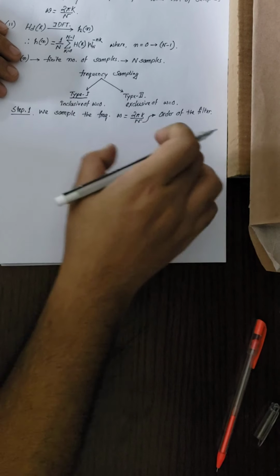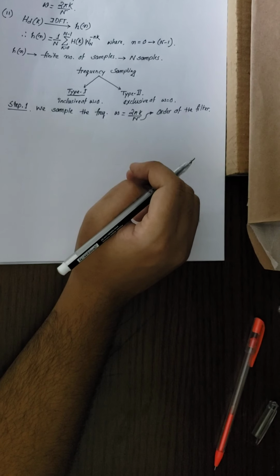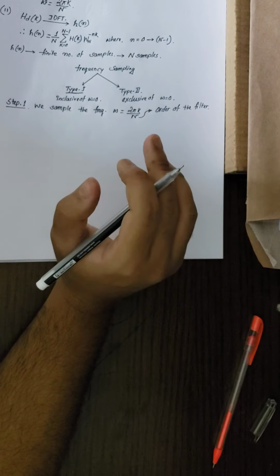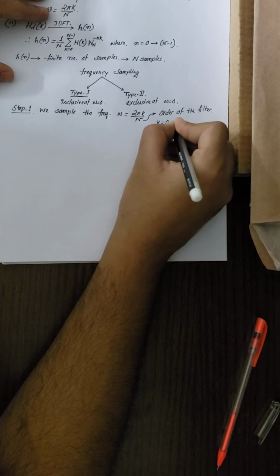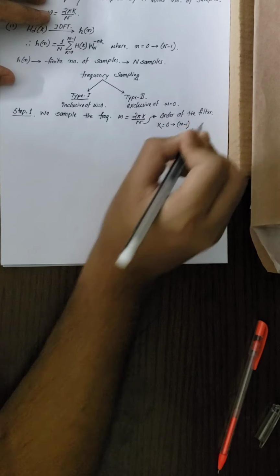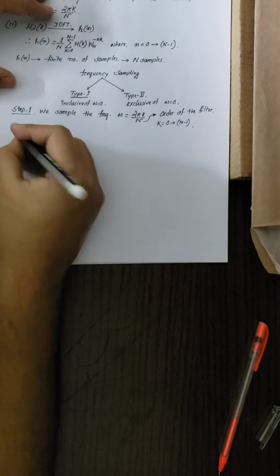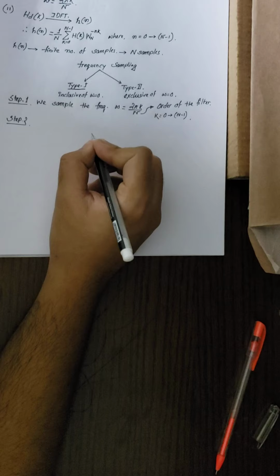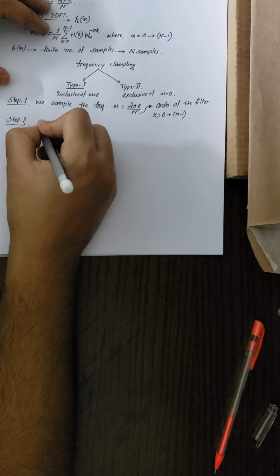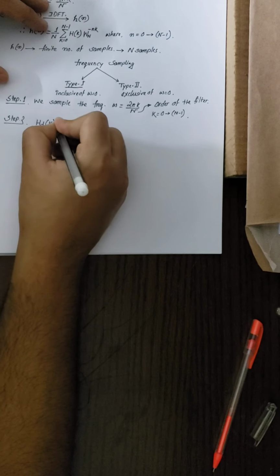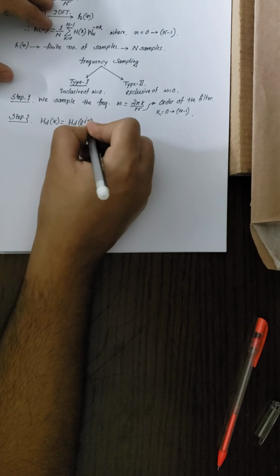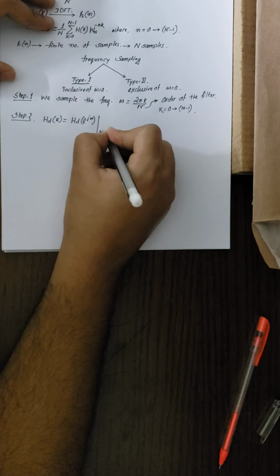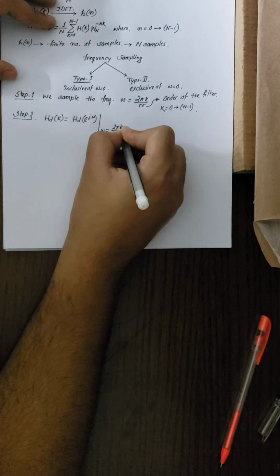That is, how many orders of filters are required to get to a required transfer function. And obviously k in our case goes from 0 to N minus 1. Now step 2 is to determine HD of k, which is equal to HD of e to the j omega, where omega is equal to 2 pi k over N.